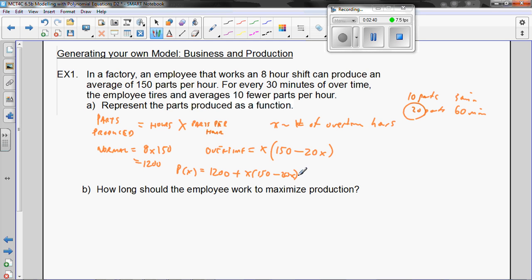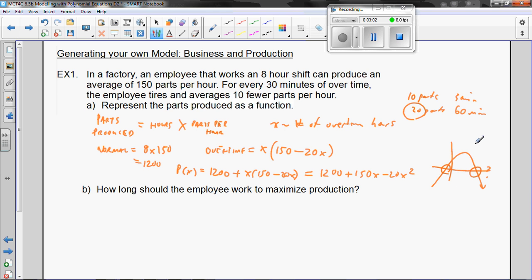And the idea here is that production, it's a quadratic function, right? So leading coefficient's negative, so it's going to start low and end low, and the zeros, who knows what they'll mean or whatever.